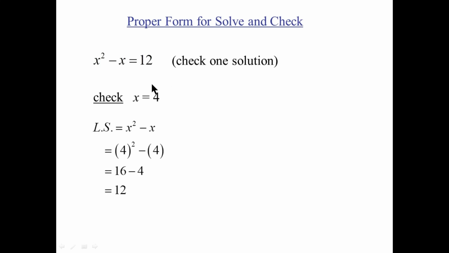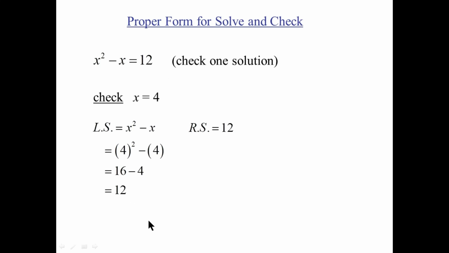That's what LS stands for. Left side of this equation equals x squared minus x, and then plug in 4 for x, because that's what we're checking, and evaluate. And this one evaluates to 12. It's a very simple example. And then you separated the sides, so now we'll do the right side, which is very simple. That equals 12 as well.